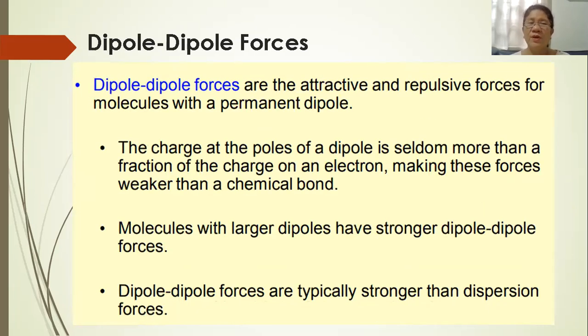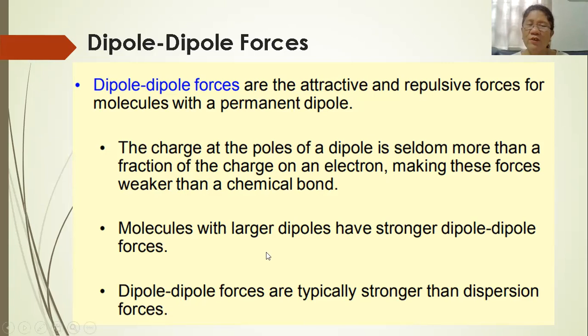In dipole-dipole forces, as I told you, there are attractive and repulsive forces at the same time. The charge of the poles of a dipole is seldom more than a fraction of the charge of an electron, making this force weaker than chemical bonds. These are the explanations why dipole-dipole forces are weaker.